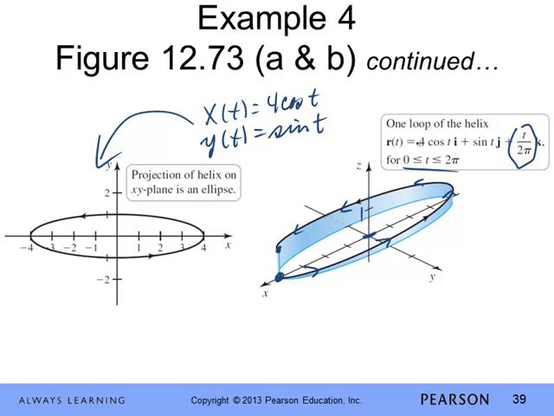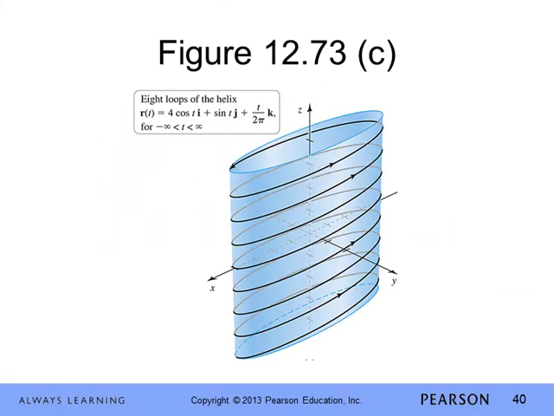And then, of course, as t goes beyond 2 pi, this thing is going to keep spiraling up in an elliptical fashion, like you see here. The x and y components are just going to be stuck in that elliptical loop, while the z component continues to increase in value in a linear fashion.